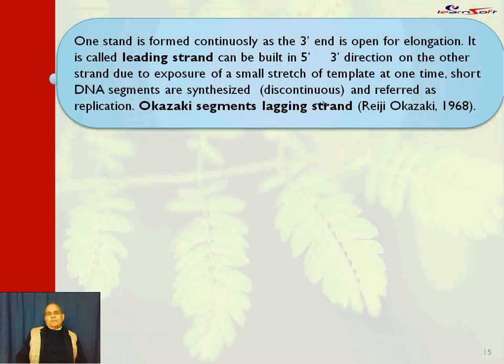One strand is formed continuously as the 3' end is open for elongation, so it is called the leading strand and can be built in the 5'3' direction. You know that DNA polymerase always synthesizes in the 5'3' direction. On the other strand, due to the exposure of a small stretch of template at one time, short DNA segments are synthesized, which is called discontinuous, and it is referred to as Okazaki fragments or the lagging strand because it was first observed by Reiji Okazaki in 1968.